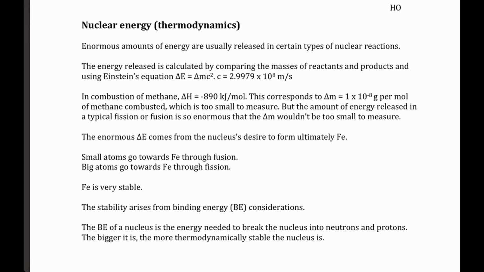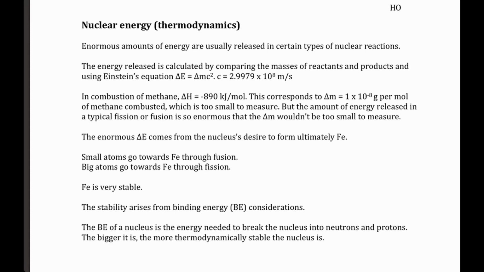The energy released is calculated by comparing the masses of the reactants and the products and using Einstein's equation E equals mc squared, or we could say delta E, the energy produced, is equal to delta M, the mass change, times c squared, where c is the speed of light.